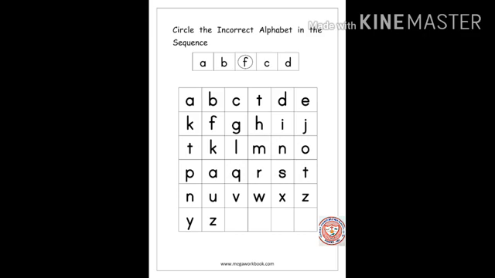K, L, M, N, O, P, then A. A is wrong. So Q, R, S, T, then N. Oh, N is wrong. So circle. U, V, W, X, Y, then Z. No, this is again wrong. Circle. Y, Z.